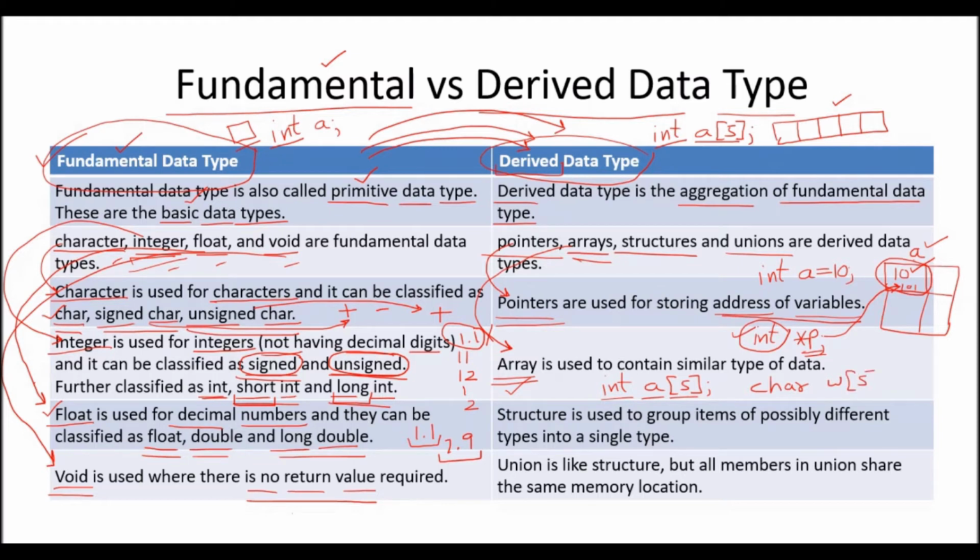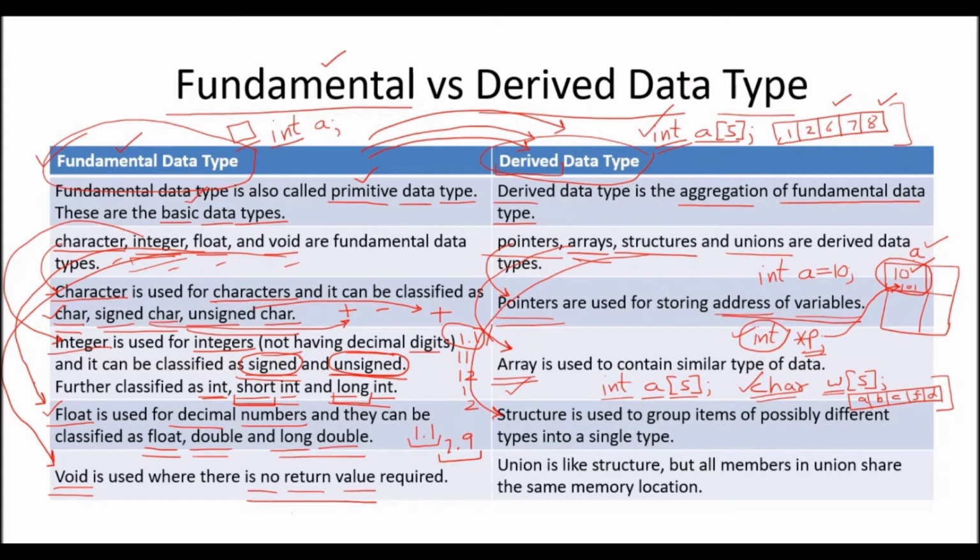Now this w is the name of the array, and it will store the 5 memories of the character type, 1, 2, 3, 4 and 5. Now in the integer I can store 1, 2, 6, 7 and 8 because it is the integer type. In the character type I can store characters like A, B, C, F, D. So that is the difference between the character and the integer. Integer values can be saved here and character values can be saved there.